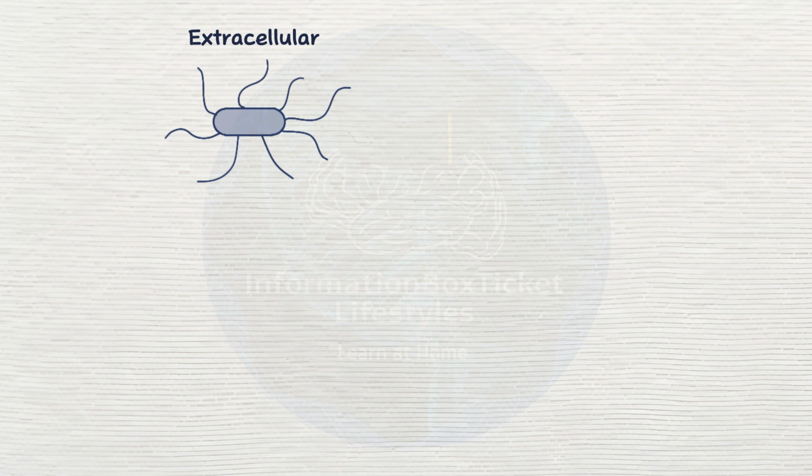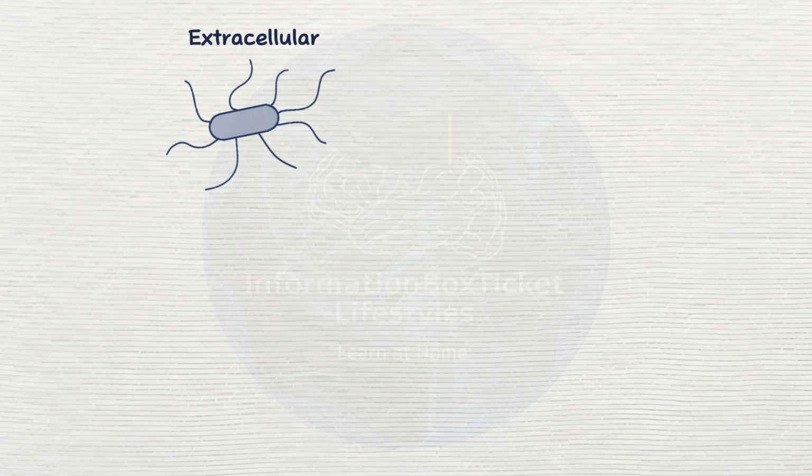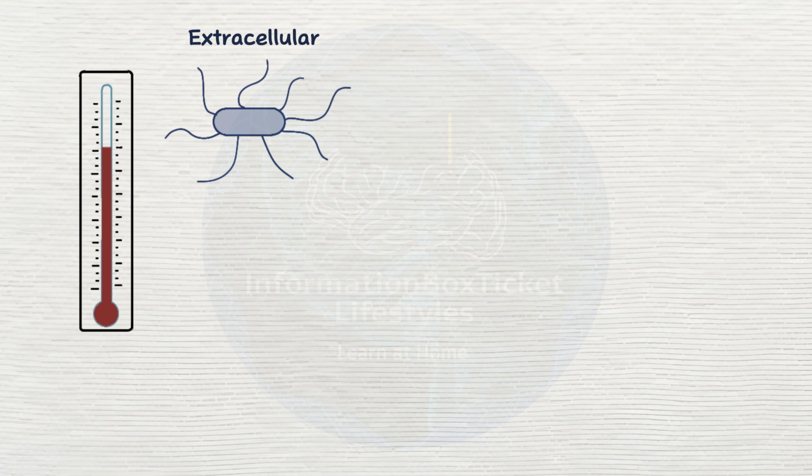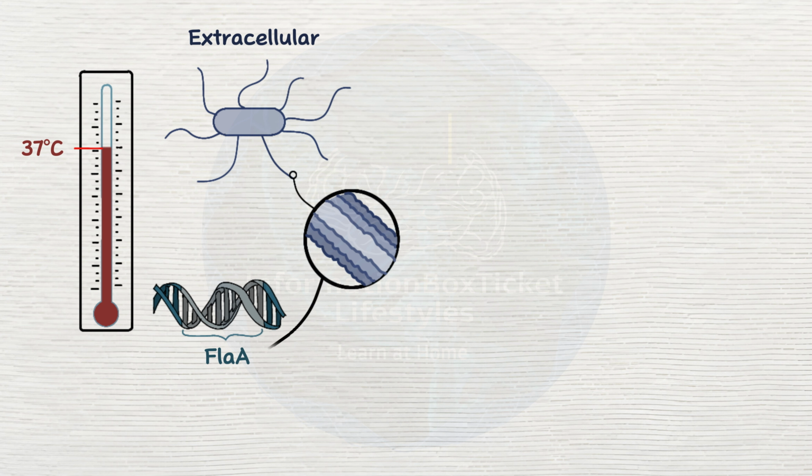temperature. In an external environment, this bacteria travels by beating its flagella, resulting in a distinctive tumbling motion. However, this is only achievable at temperatures of 37 degrees Celsius or lower. That's because FlaA, the gene that codes for flagellin, the structural protein that makes up the flagella, is downregulated when the temperature increases over 37 degrees Celsius.